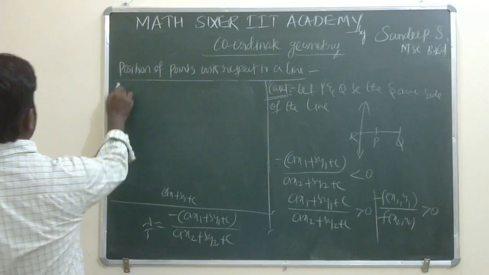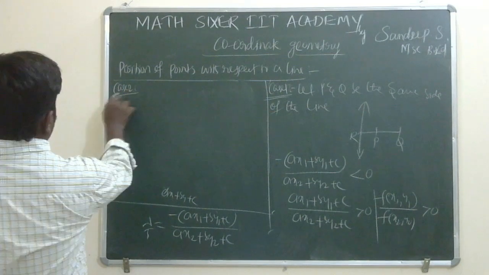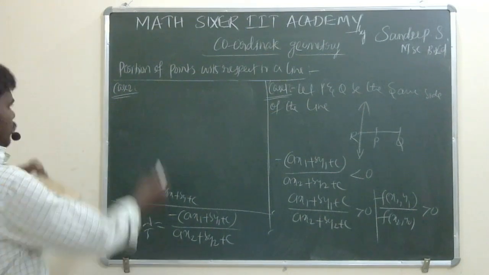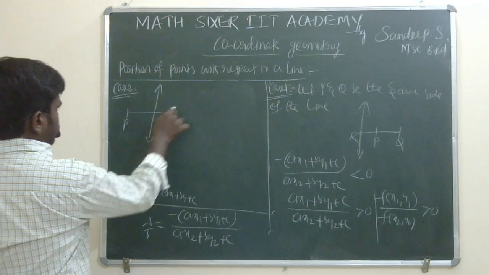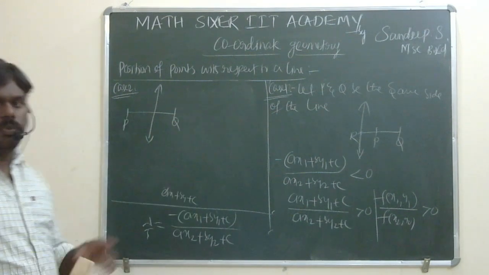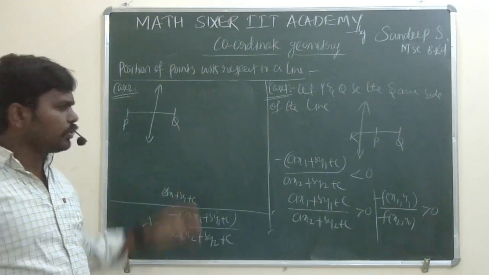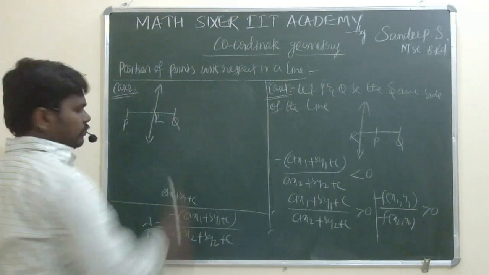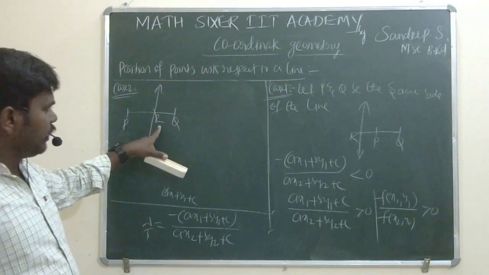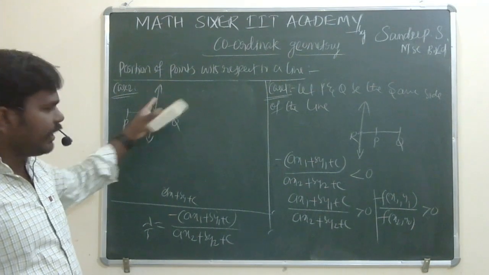So the second case: now take the line, and the points P and Q are on opposite sides, on both sides. Now you can see R. R is now dividing PQ internally.